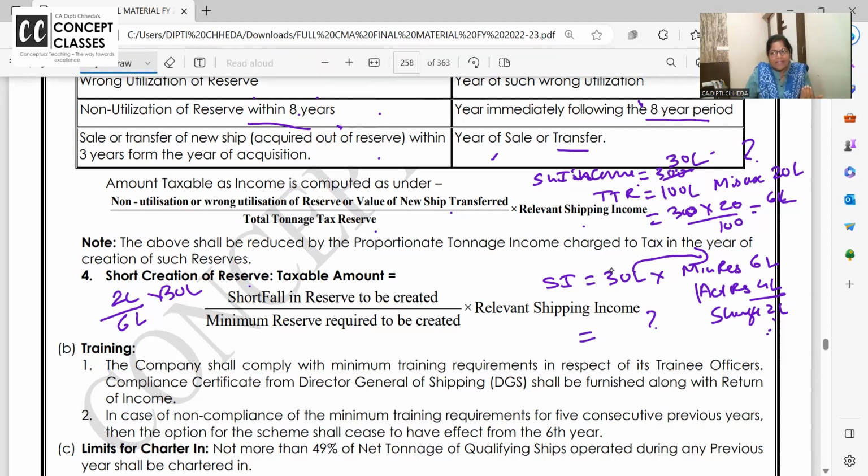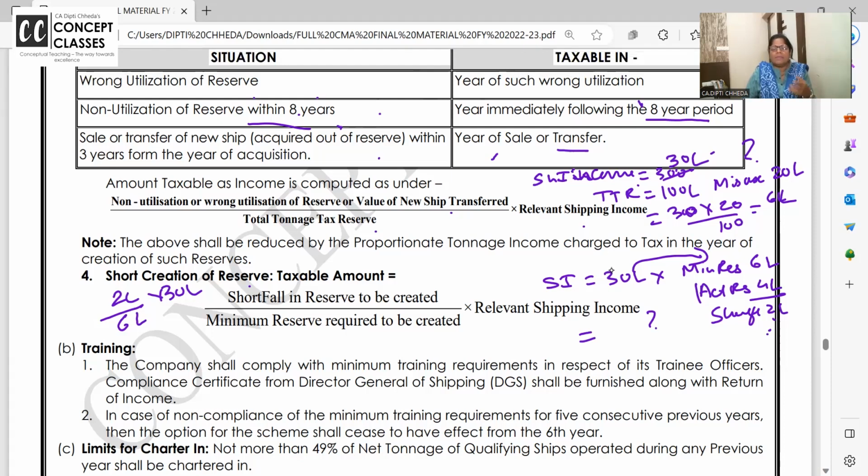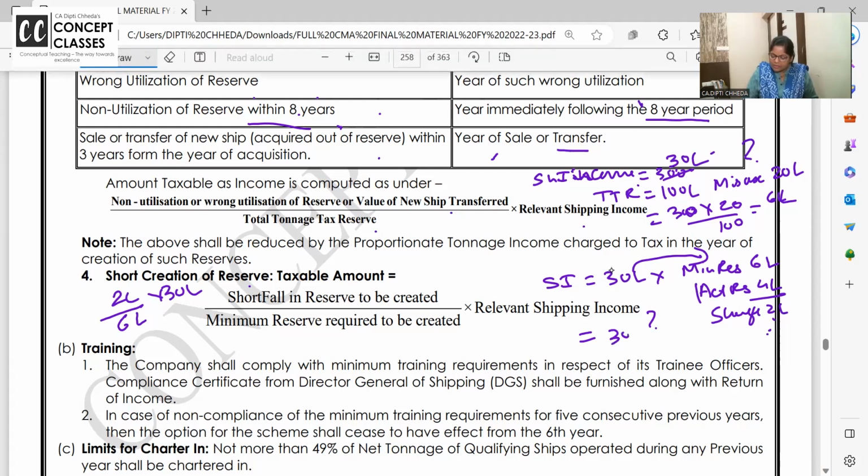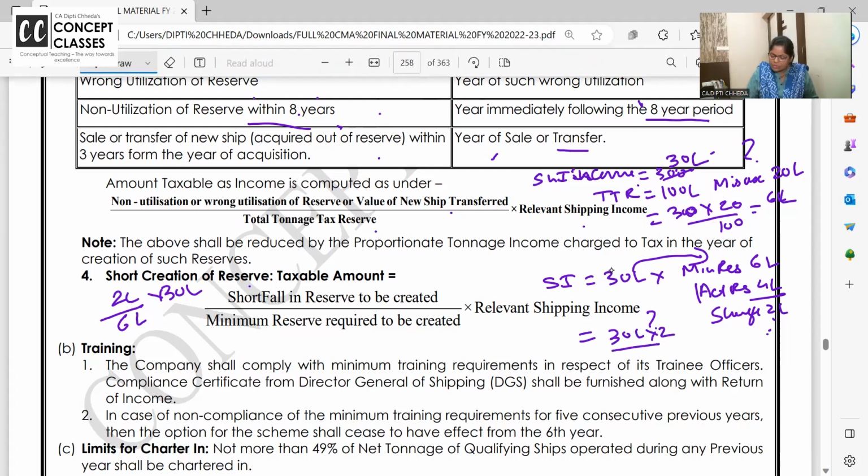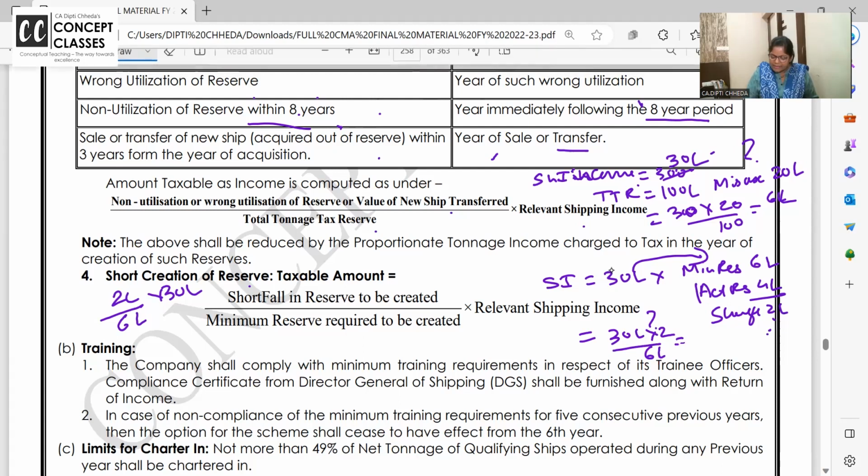Now you are very right कि मैम ये सब हम क्यों कर रहे हैं जब हम tonnage tax ही presumptive पे दे रहे हैं, but we have to make sure that book profit का this also. 30 lakhs into 2 by 6 lakhs. That is coming to how much? 10 lakhs.